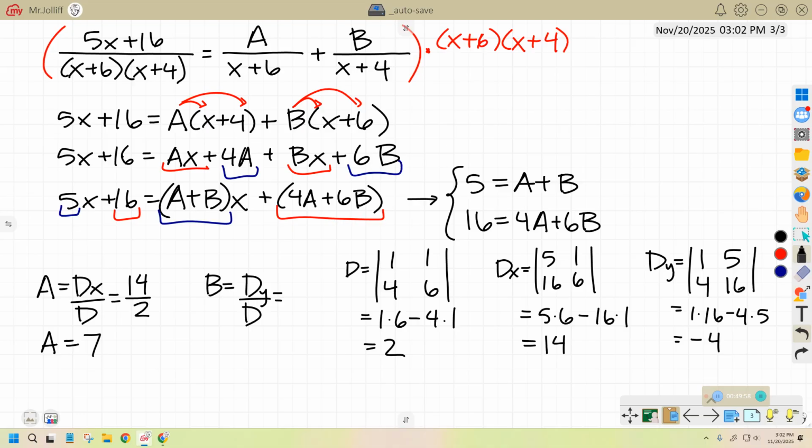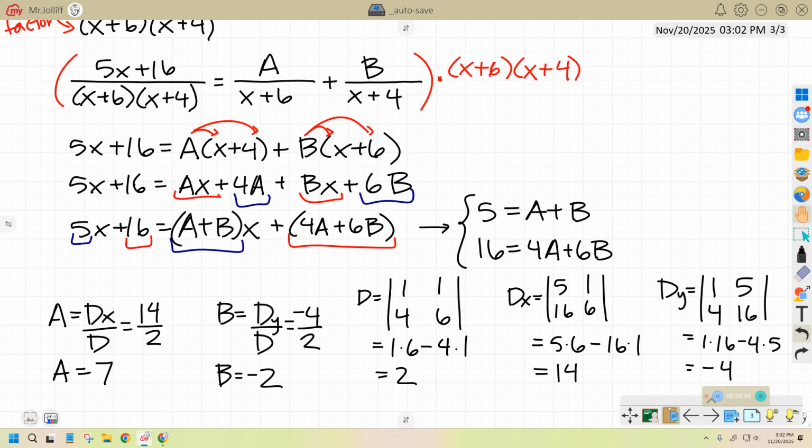I don't see any argument. Yay. All right, and then for B, Dy is negative 4 divided by 2. B is negative 2. I see some nodding. Yes. Perfect.